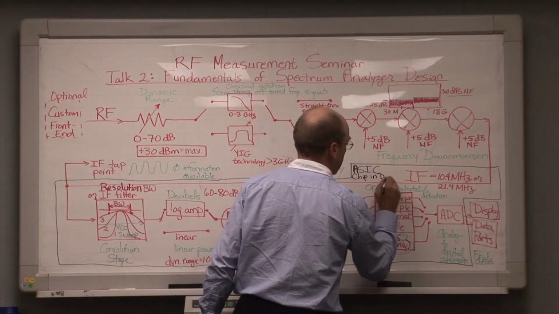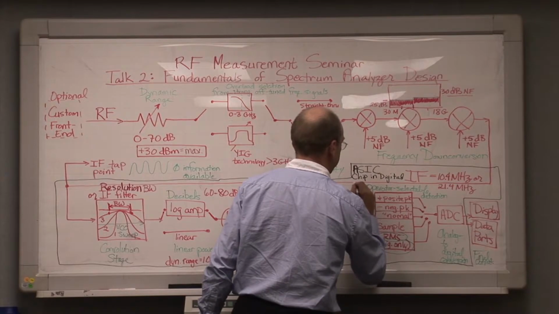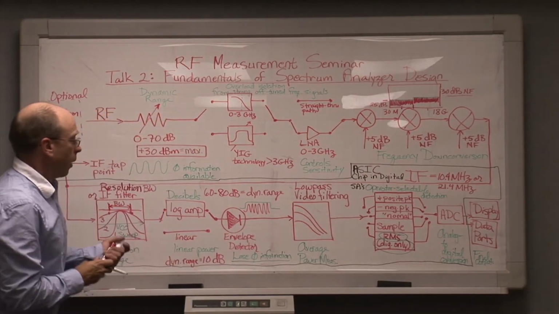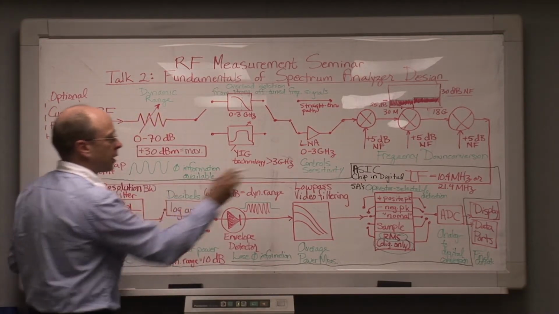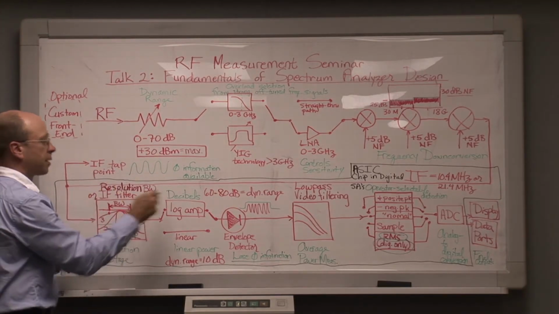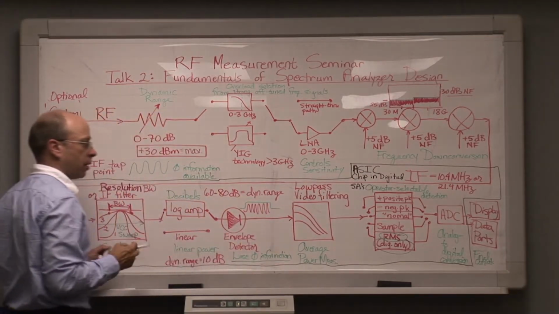So this is all performed by an application-specific integrated circuit, an ASIC chip, in digital spectrum analyzers. Although the processing is done digitally by the ASIC chip, the functionality that the ASIC chip implements is the same as we have already seen for the analog analyzer.